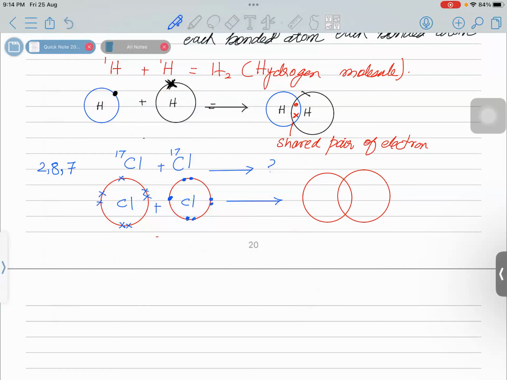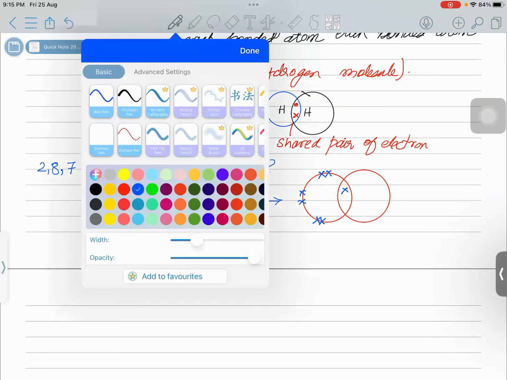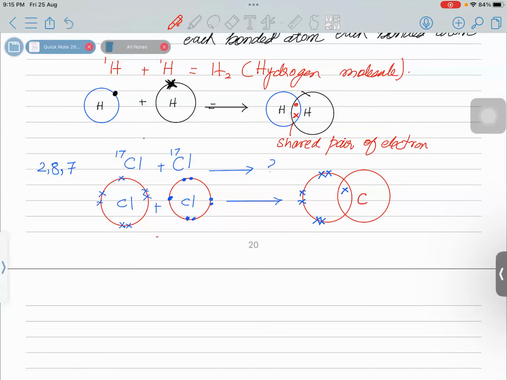So here we have cross, dot, dot, dot. The second one is chlorine. So chlorine has 1, 2, 3, 4, 5, 6, and 7.